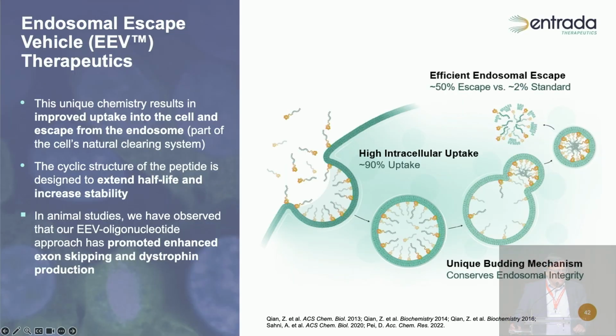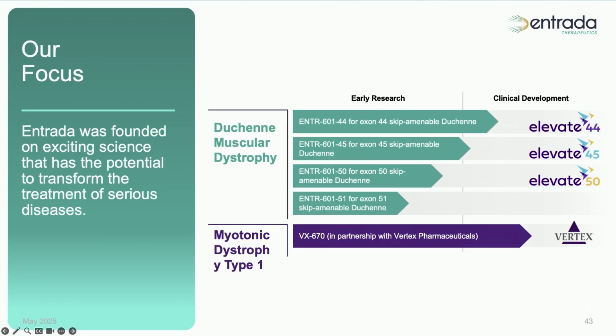The idea is that this chemistry allows uptake within endosomes that are taken into cells, and then once in the cells, again, it's active uptake into myofibers. So the chemistry of it allows efficient escape from the endosome and travel then into the nucleus to do its work. There are 4 programs in DMD that Entrada has underway, and a 5th in myotonic dystrophy.